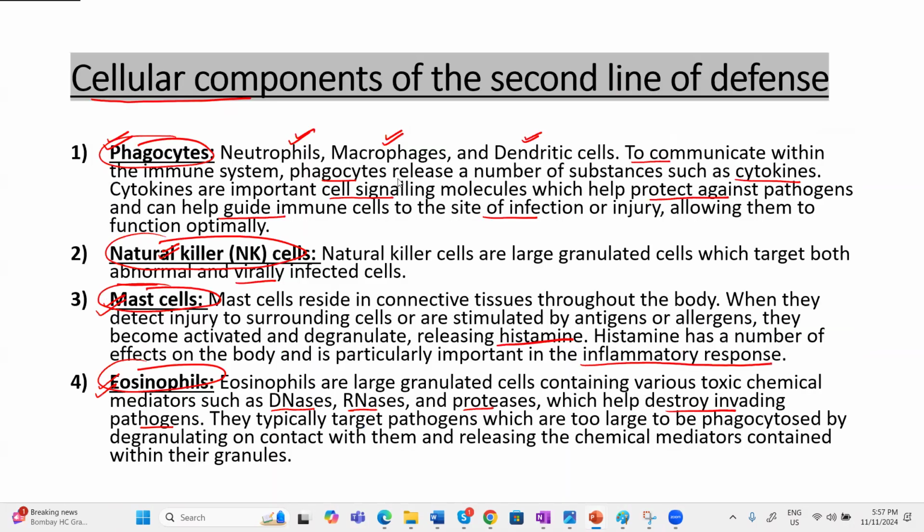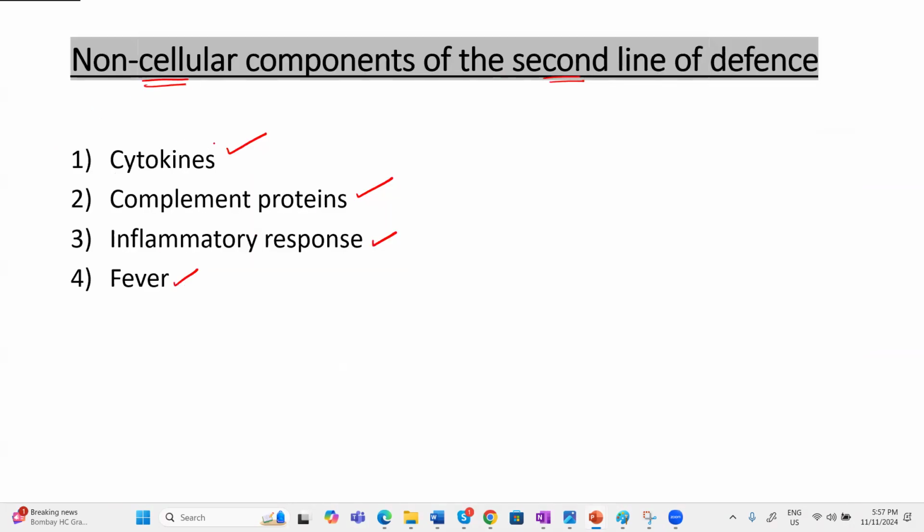Basically, we have to understand the cell components of the second line of defense. These are the 4 cell components. Phagocytes, please learn that there are 3 types of phagocytes. Clear, beta? Then go to the non-cellular components. Cytokines: how many types did we discuss? We discussed 4 types of cytokines. Then complement proteins, inflammatory response, and fever.